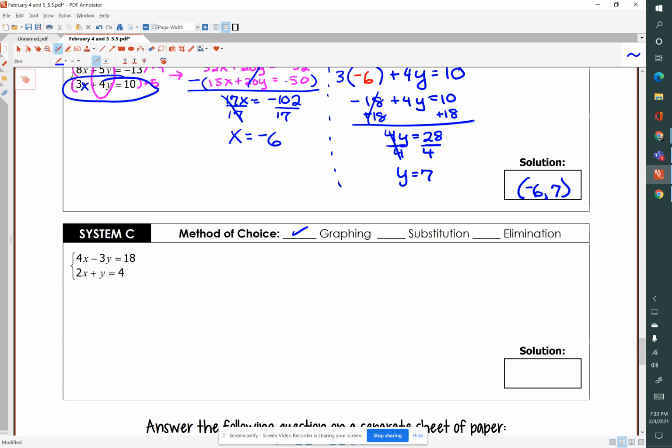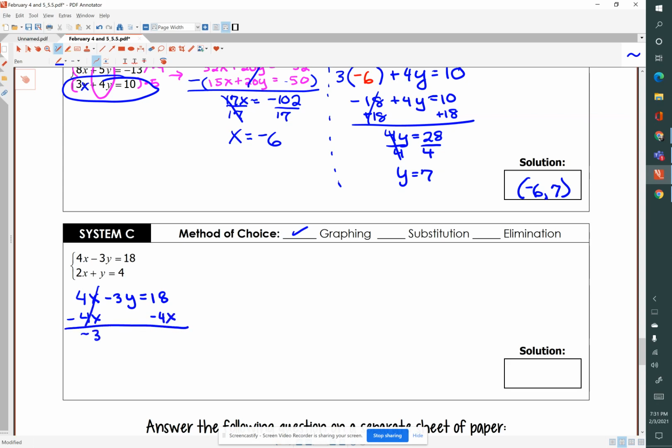So the first equation, we have 4x minus 3y equals 18. So I will subtract 4x from each side. We're solving for y here.